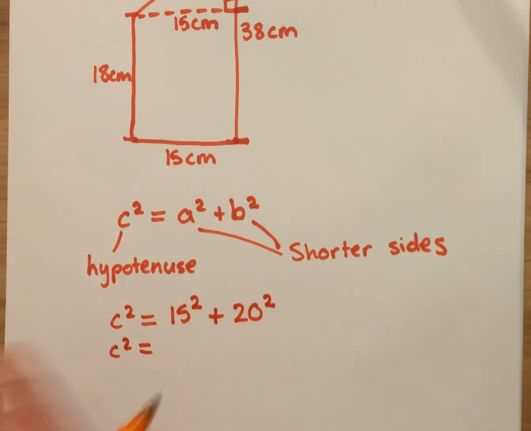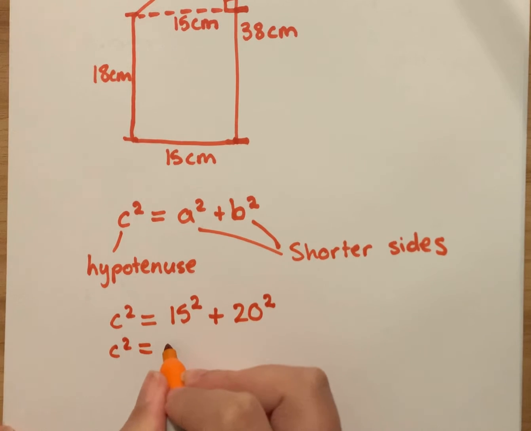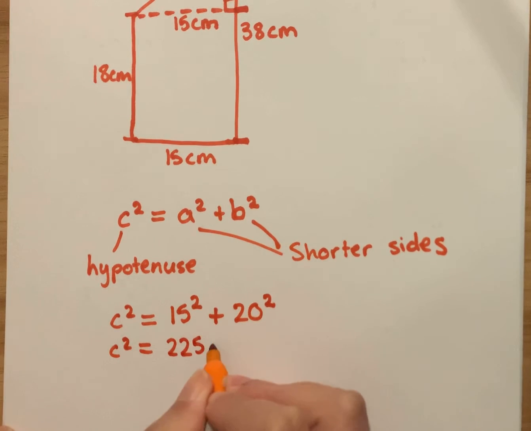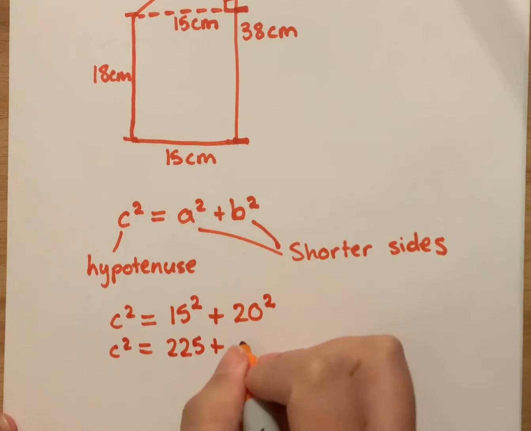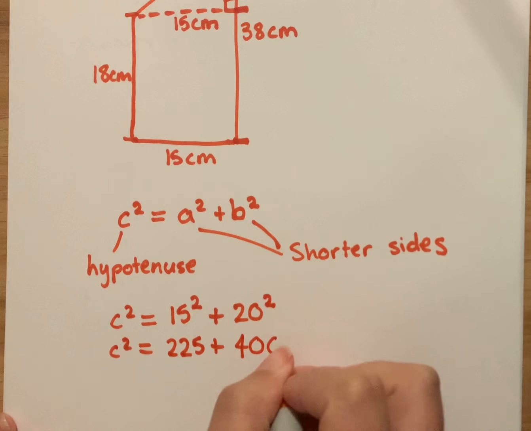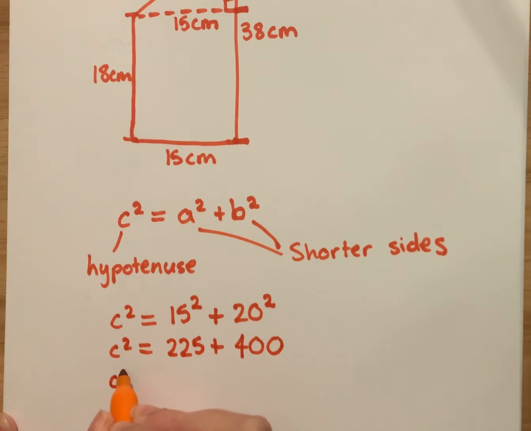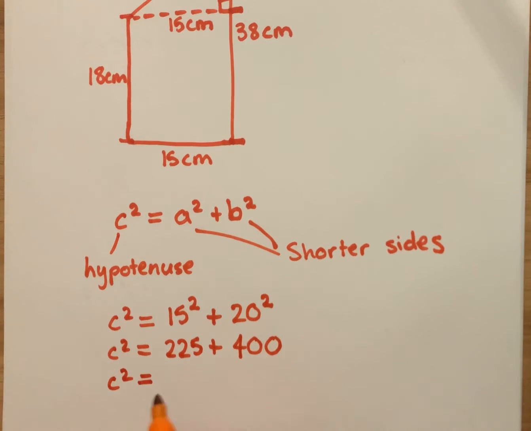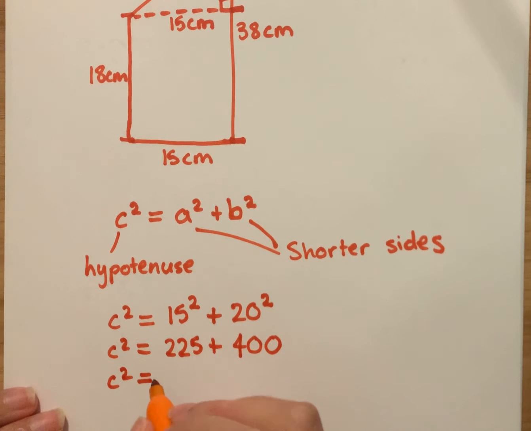C squared equals, well, 15 squared on the calculator is 225, plus 20 squared, that's 400. And then we have C squared is equal to 225 plus 400, which is 625.